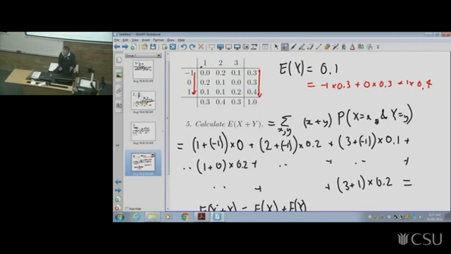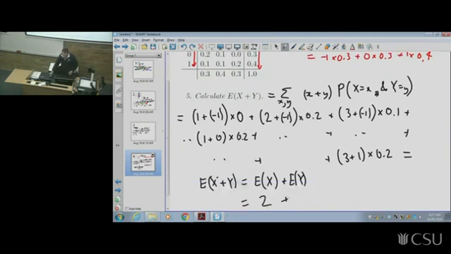Going through all the values, matching probabilities, taking products and adding them all up. Because there's a 0 in the middle, that term drops out, and you get 0.1. Use a calculator if you need to. So you're okay with that?